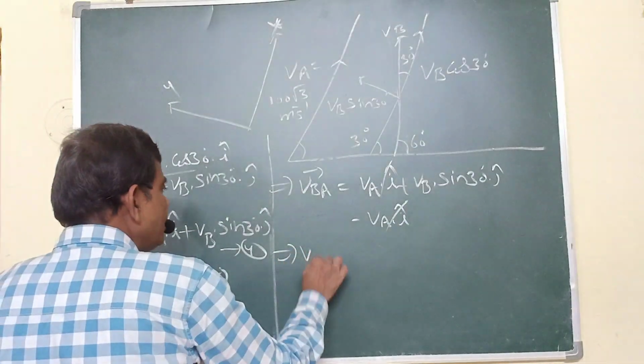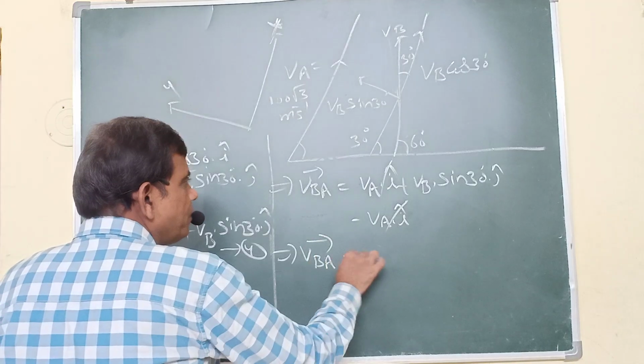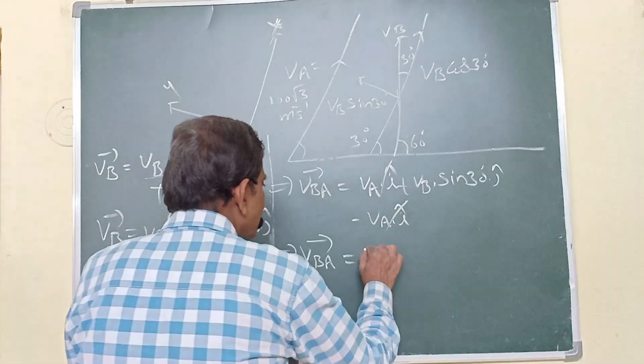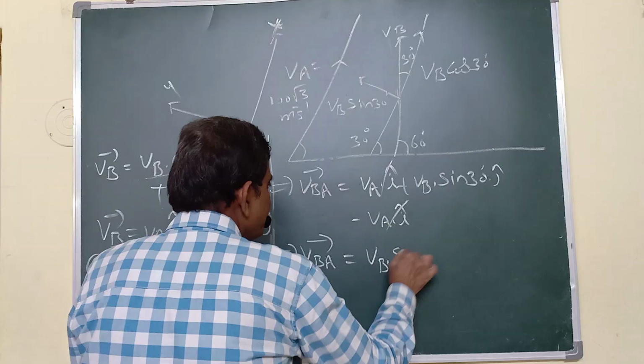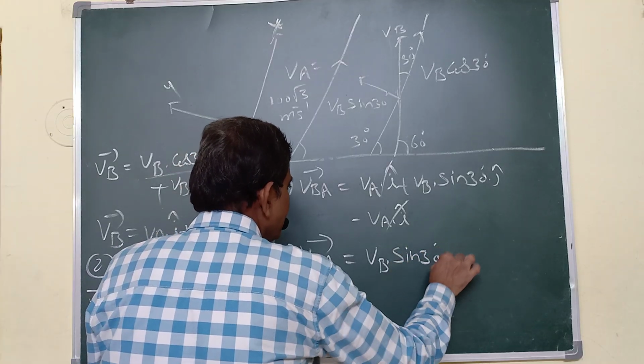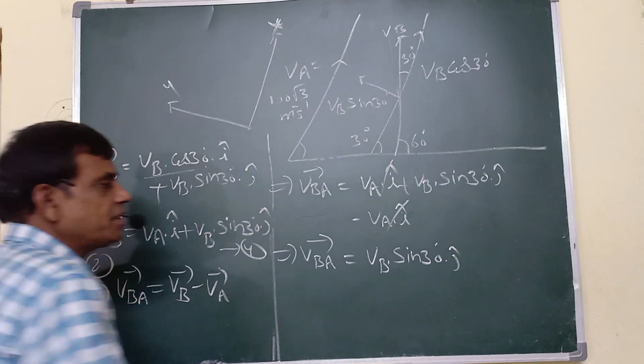Now, what we have got? VBA equals to VB into sin 30 J. This is my equation number 5.